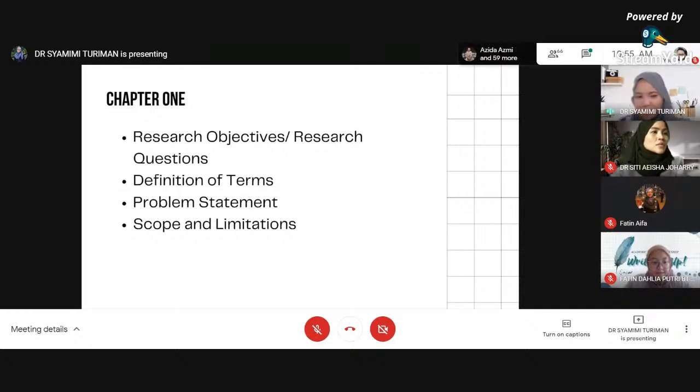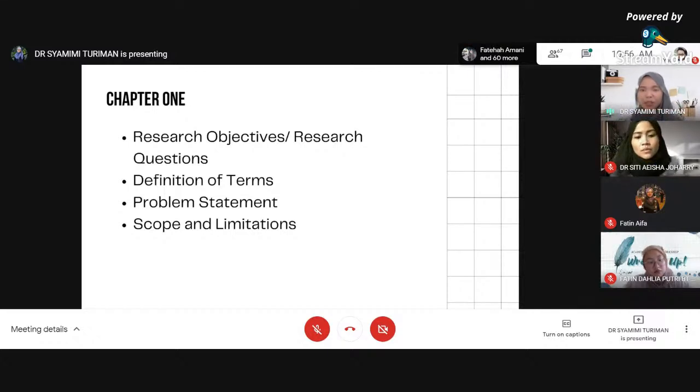I'm going to take an example from Dr. Aisha's slides just now, where she mentioned one of the thesis statements that we consider unclear: young adults. According to whom are young adults defined? The age range can be quite huge, so how do you define young adults in your study?